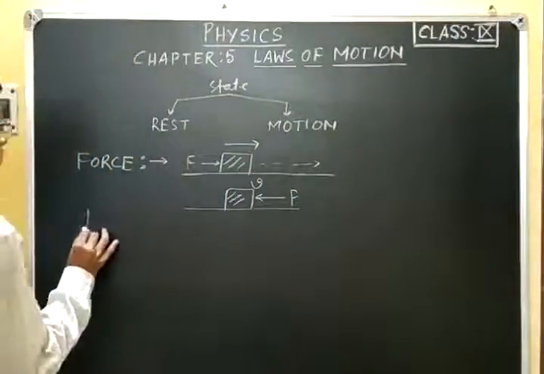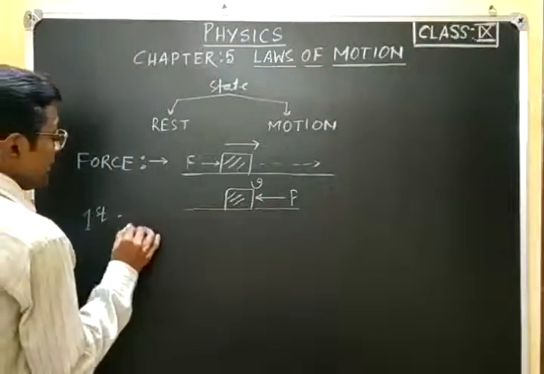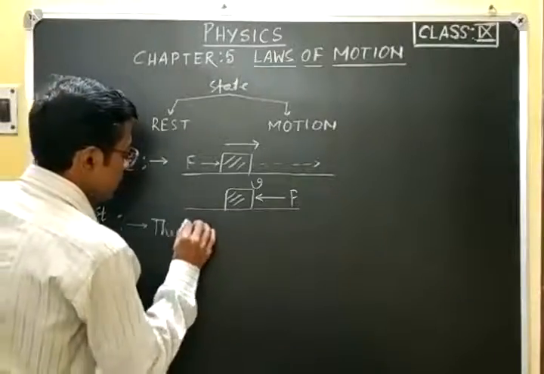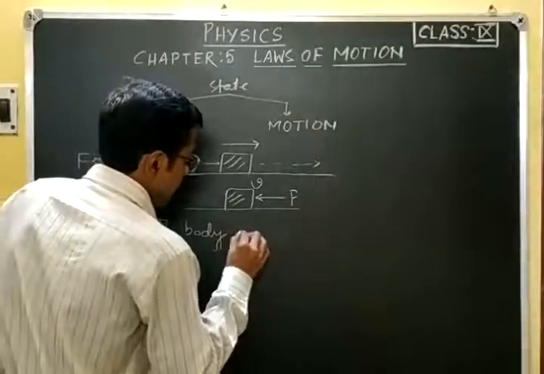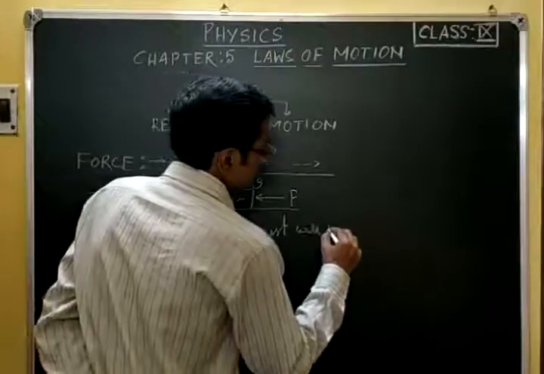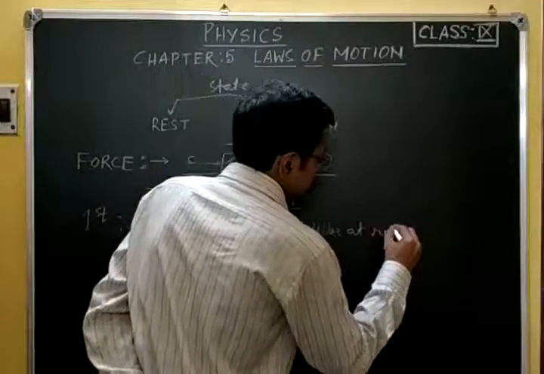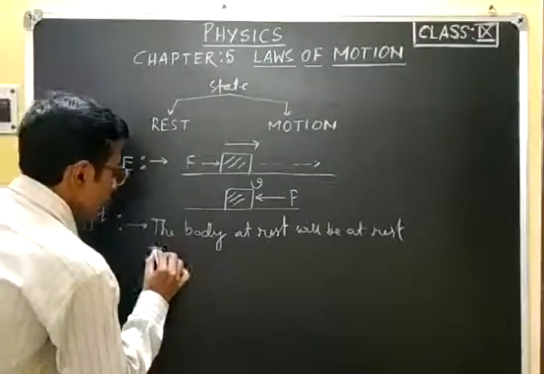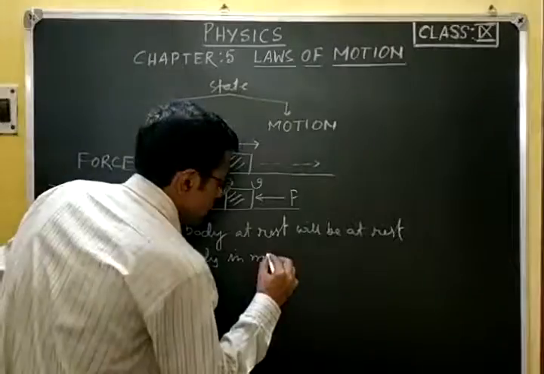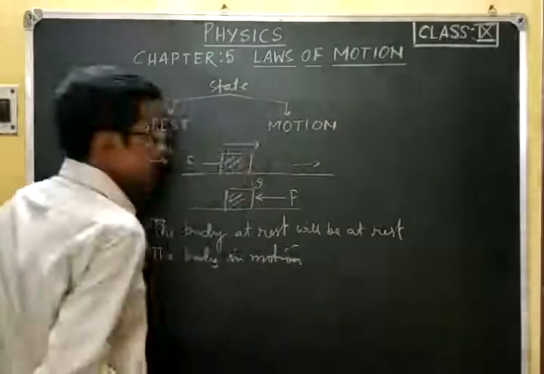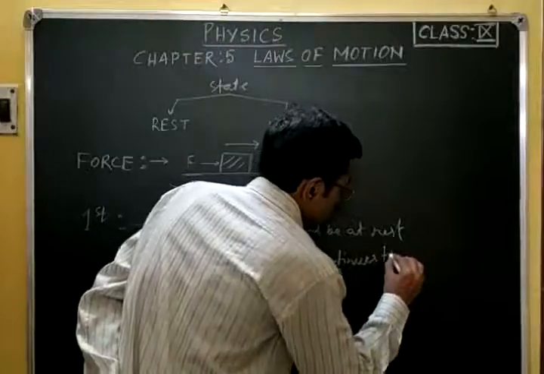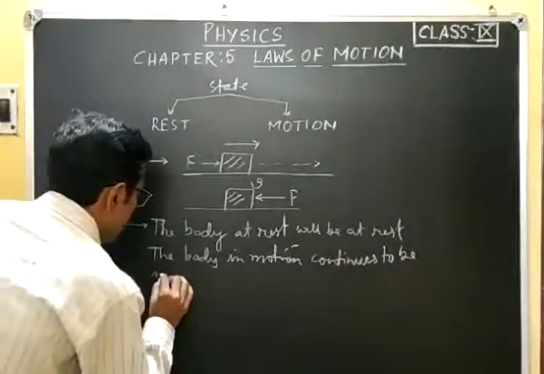So the first law of motion, the basic thing is: the body at rest will be at rest, and the body in motion continues to be in a state of motion.